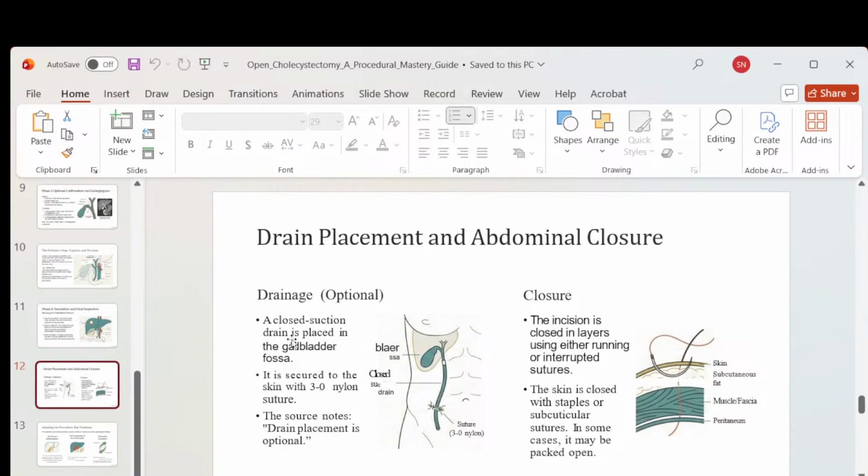A closed suction drain is placed in the gallbladder fossa. It is secured to the skin with a 3-0 nylon suture. The source notes, the source which I have referred, say the drain placement is optional.